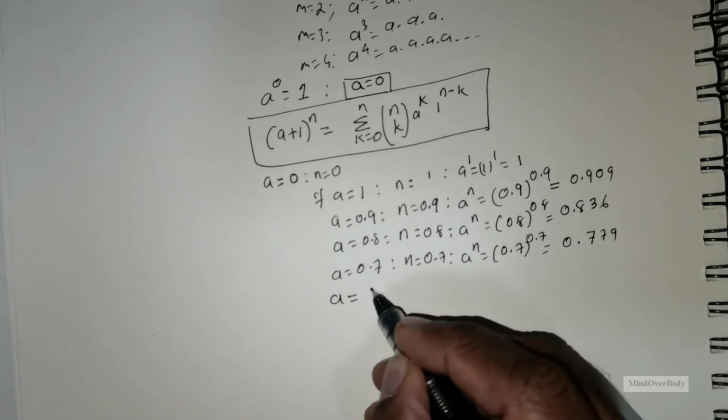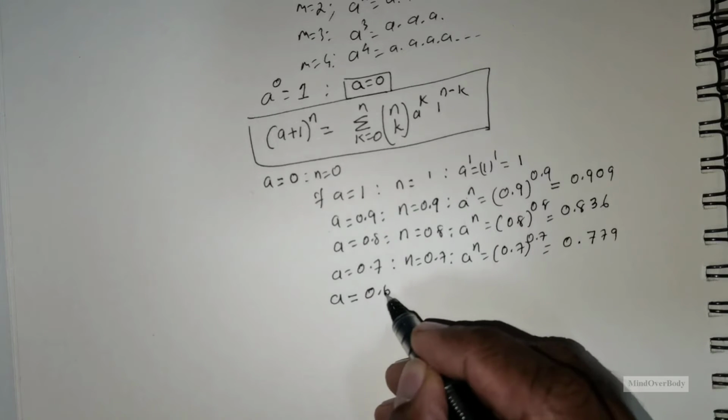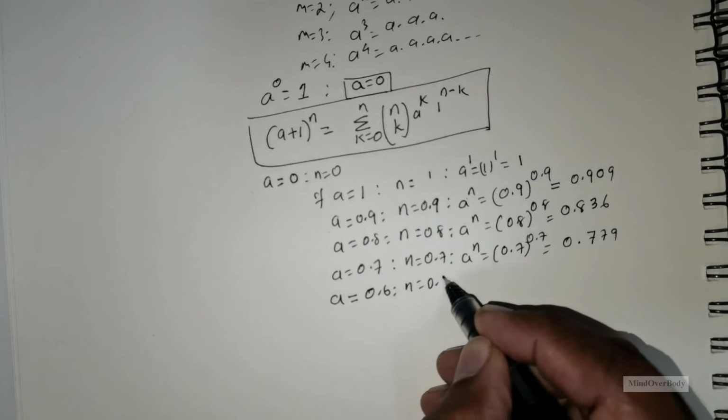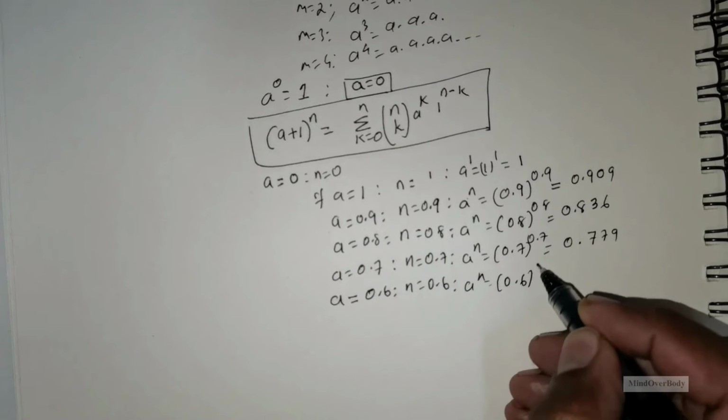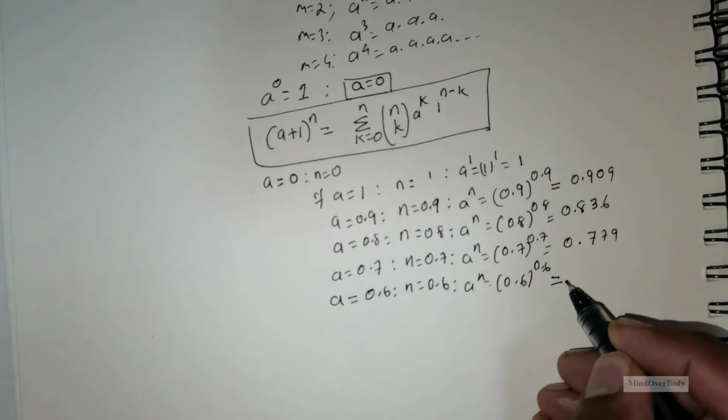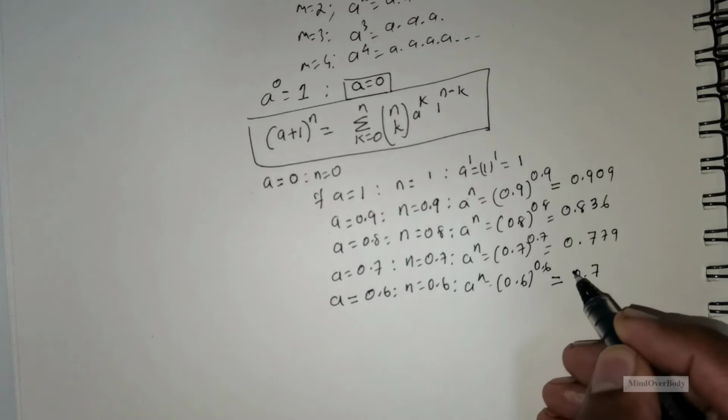Now if I take a as 0.6 and n as 0.6, then 0.6 raised to the power 0.6 is approximately 0.736.